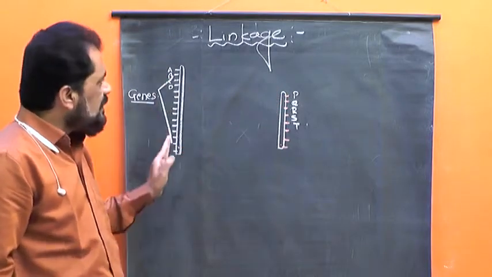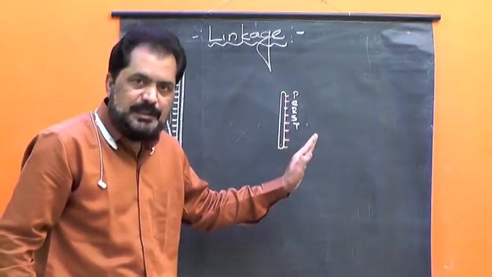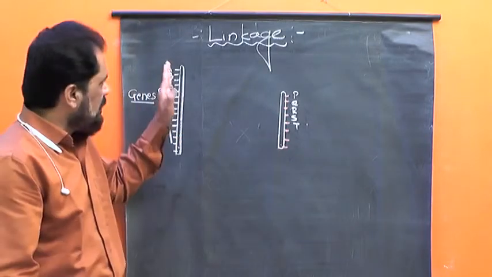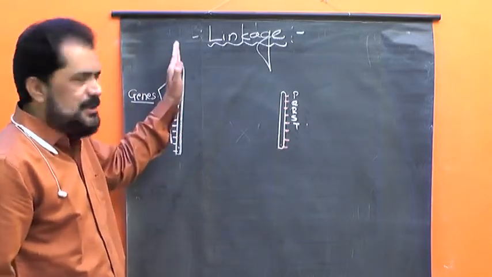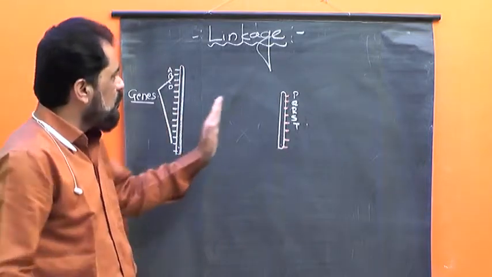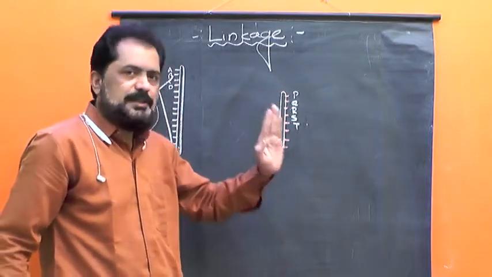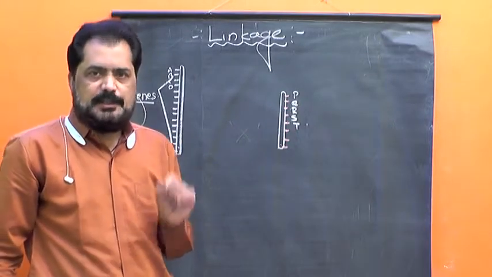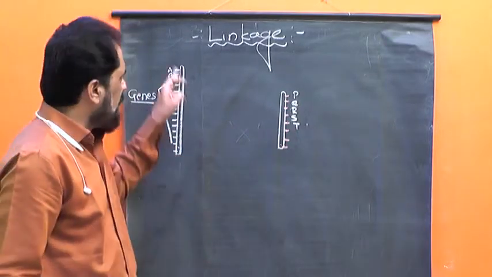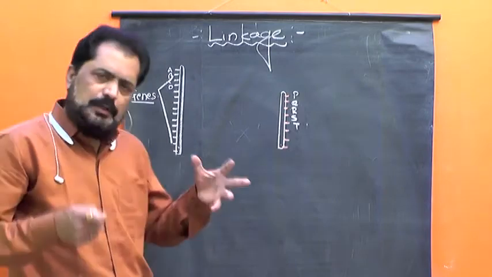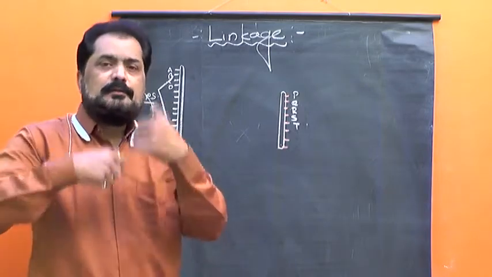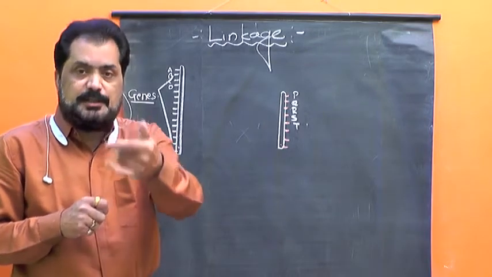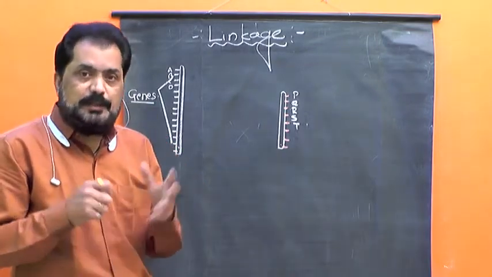But A, B, C, D and P, Q, R, S, T are non-linked genes, isn't it? Because A, B, C, D genes are present on a separate chromosome, and P, Q, R, S, T genes are present on a separate chromosome. So simply, the tendency of genes present on one chromosome to remain together and inherit together, that is, during hereditary transmission they also remain together.